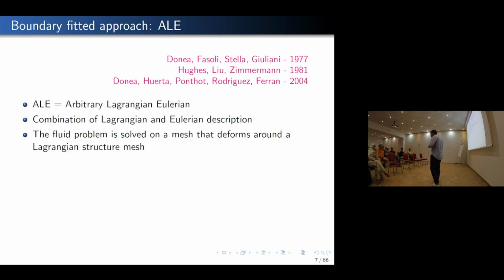Okay, now we move to boundary fitted and non-boundary fitted approaches. There is a famous boundary fitted approach that is ALE, that means arbitrary Lagrangian Eulerian, and it was born in the 70s. So this is basically a combination of Lagrangian and Eulerian descriptions, and the fluid problem is solved on a mesh that deforms around a Lagrangian structure mesh.